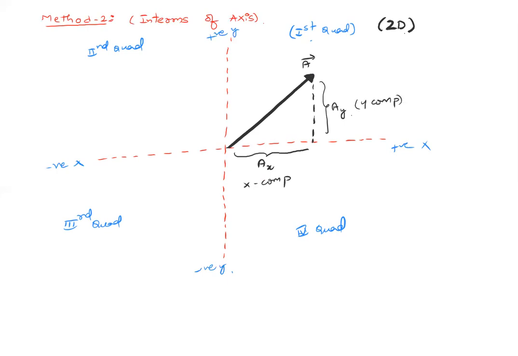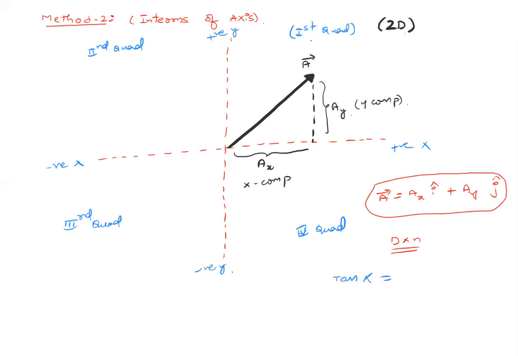Now to get the direction in 2D, two dimension, if your vector is given as a bar equal to ax i cap plus ay j cap, how you give the direction is tan alpha is ay by ax. If you look into this triangle, tan theta is opposite side by adjacent side.